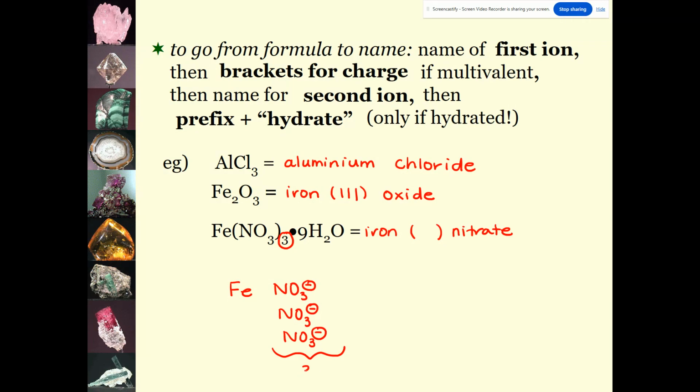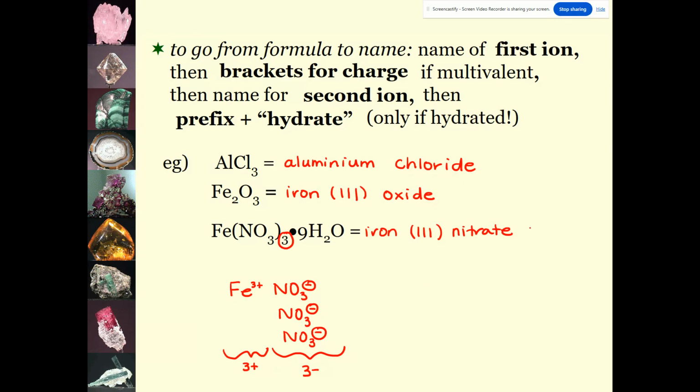I have 3 negative charges that one of my irons is balancing with. So it must contain that entire 3+ charge to balance with 3 nitrates. So this would be iron(III) nitrate.